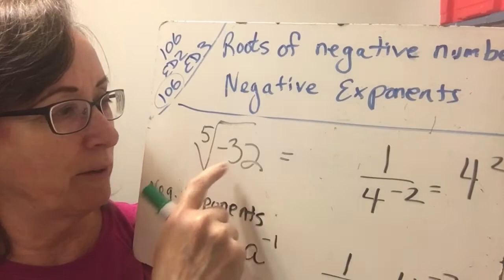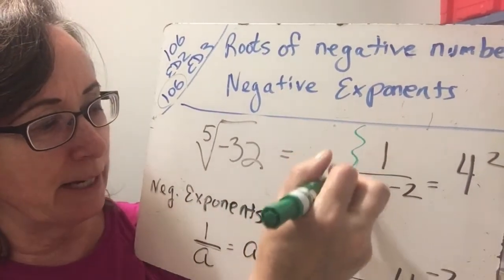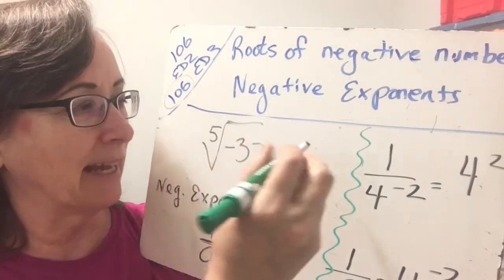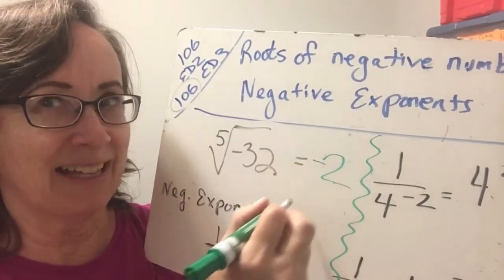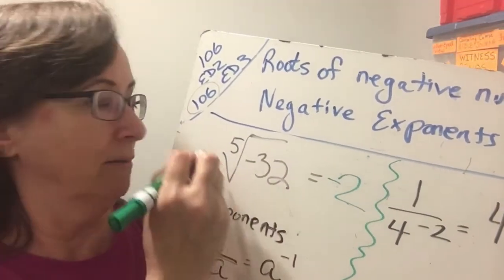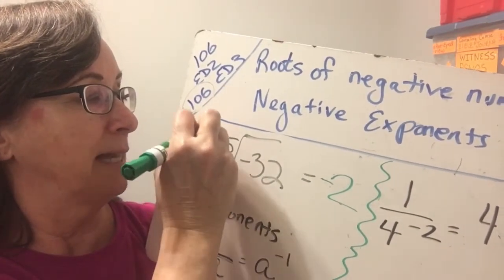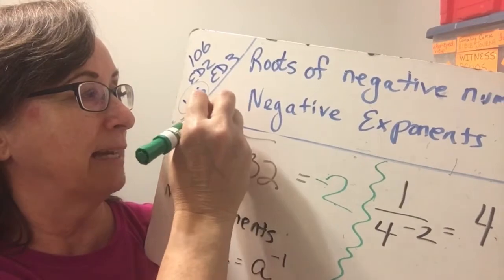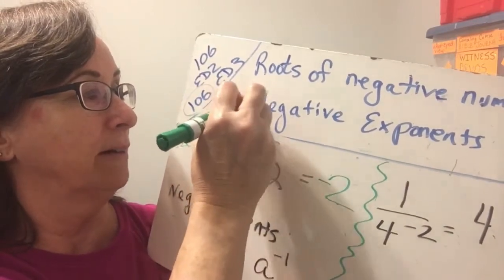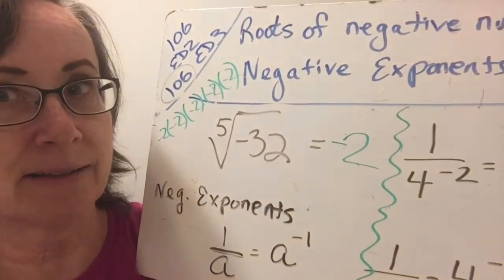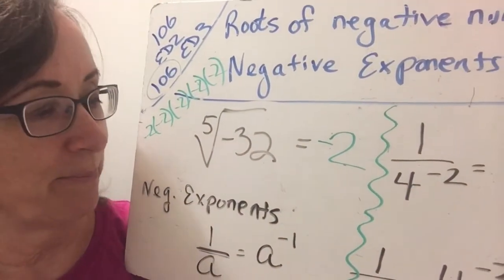It is negative 2 because negative 2 times negative 2 times negative 2 times negative 2 times negative 2, 5 times, 1, 2, 3, 4, 5, does equal negative 32.